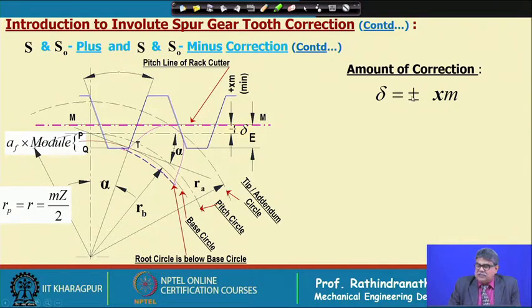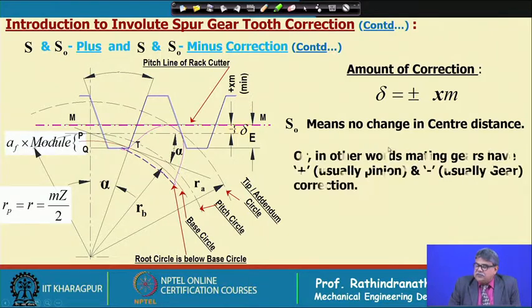For that, this is plus. Definitely the final cut tooth will be of more width, and if it is a minus sign, then it will give an extra amount of cut, extra depth by delta, which is x m. In this figure, it is shown as if it is withdrawn, because we are trying to find out how much correction is needed for teeth which need the correction, where the number is less than the critical number.